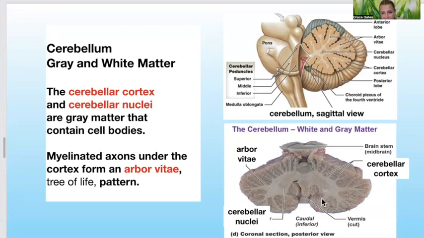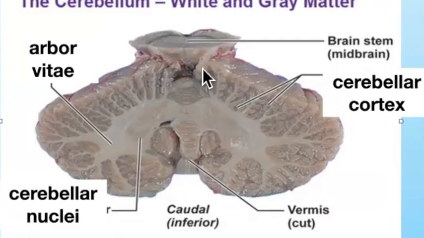So you can see, if you look carefully at the second picture, there's gray or tan looking cerebellar cortex. And then inside, a little harder to see, are the cerebellar nuclei. Okay, little clumps of cell bodies. And then the arbor vitae, they named it so poetically, the tree of life, because it does look a bit like a tree if you look at the white matter.